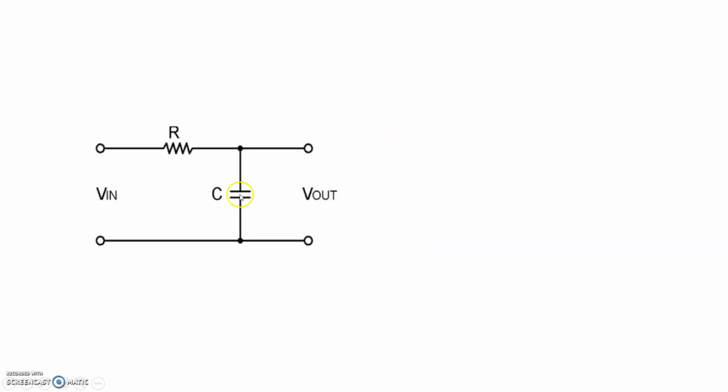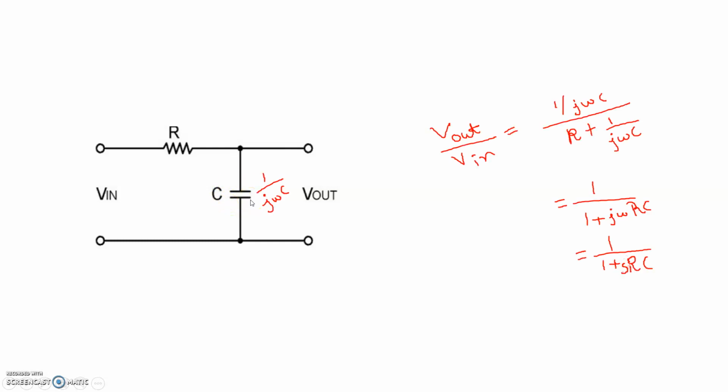So let us have a quick recap of our theory, whatever we have discussed in my previous video. Here this is our input we are providing in a series RC circuit, and we are taking output across the capacitor. Then this circuit will be nothing but a low pass filter, and if you do the frequency domain analysis, the capacitor will be replaced by 1 by SC or 1 by j omega C, right?